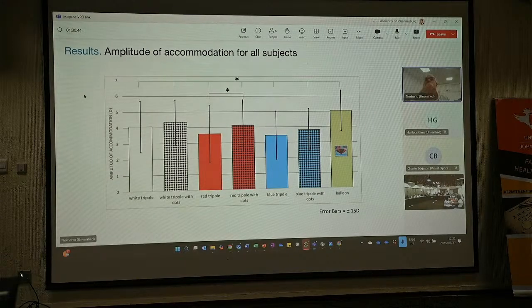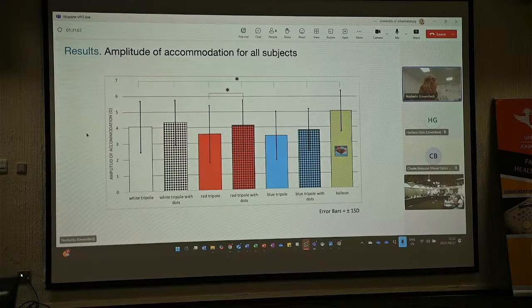Here we have the total results for the 7 stimuli, on average. This is the average of the accommodation response of the 20 subjects.